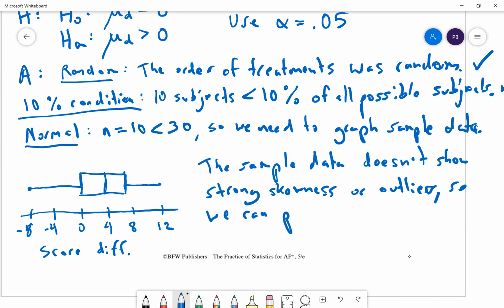So we can proceed. Basically what that means is, since the sample data doesn't show strong skewness or outliers, we can assume the population is approximately normal, which means that our sampling distribution would be approximately normal. And that allows us to do all these normal distribution, or t distribution in this case, calculations.